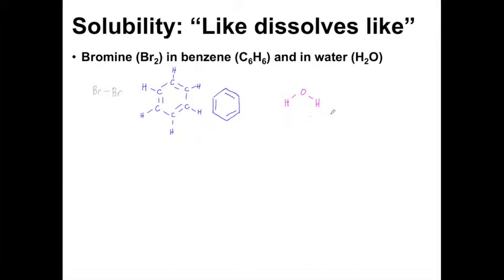For water, we have polarity in water, and the polarity is directed towards the oxygen. So bromine is non-polar, benzene is also non-polar, while water is polar. So bromine is readily soluble in benzene but not in water.